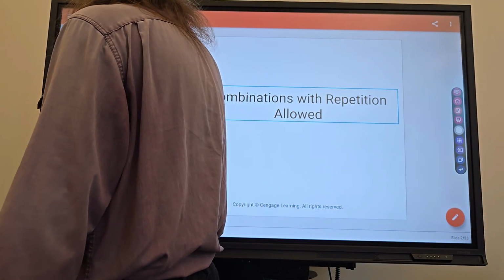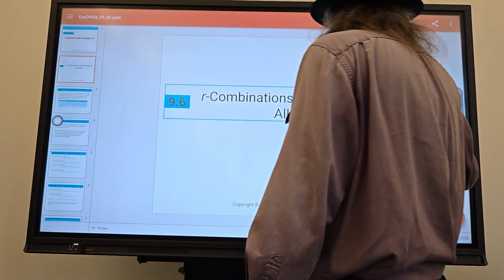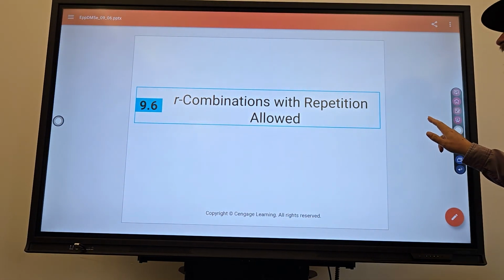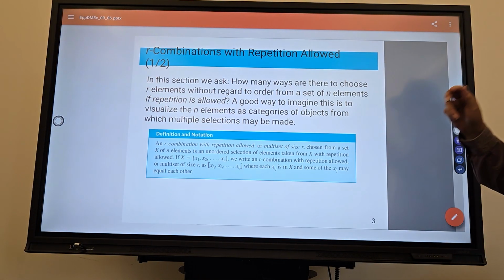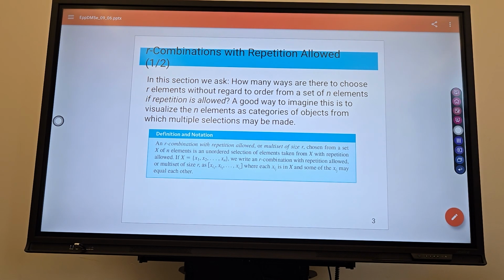Section 9.6. Are combinations with repetition allowed? In this section, we ask how many ways are there to choose R elements without regard to order from a set of N elements if repetition is allowed. A good way to imagine this is to visualize the N elements as categories of objects from which multiple selections may be made.